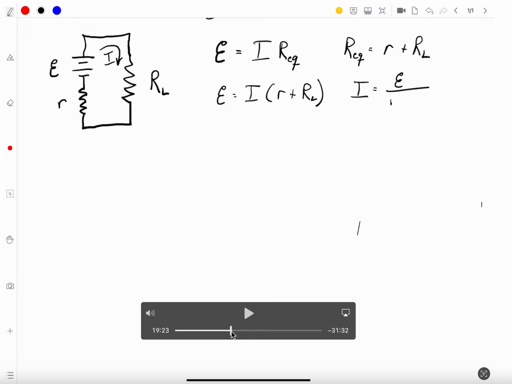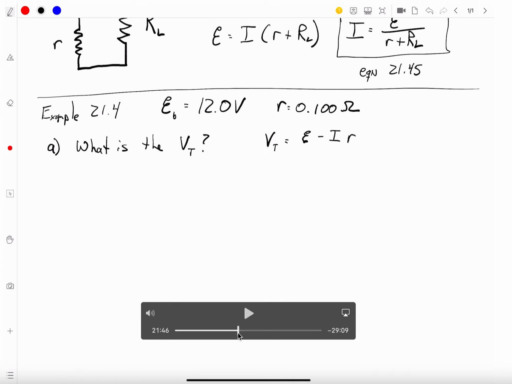So since the EMF is equal to I times R plus RL, we can solve that for I, and that gives us equation 21.45 in the book. I equals EMF divided by R plus RL.